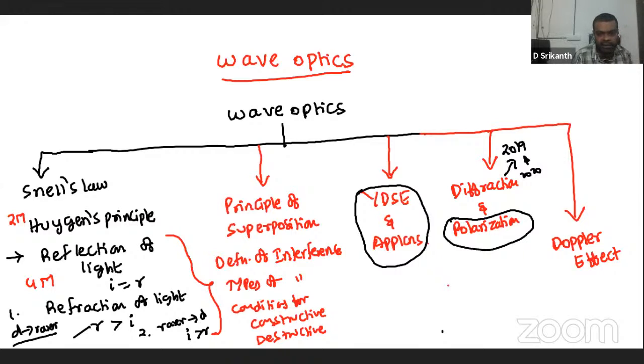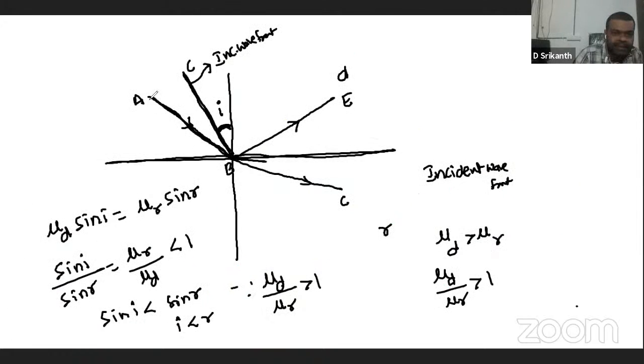Refraction of the light. Here, in this question, you should carefully understand what the incident ray is and what the incident wavefront is. That is number one.